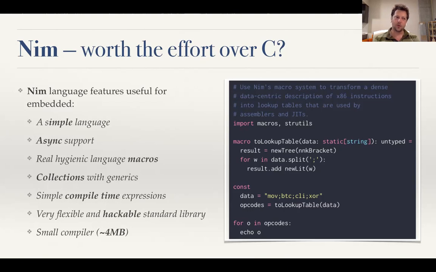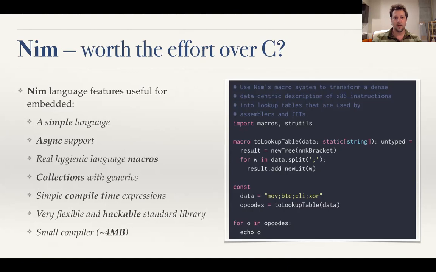You can swap to a memory mapped region or an area that is just hard coded, or you can use system malloc, or you can write your own in a few dozen lines of Nim, and generally it just works. It's also convenient that the compiler is really small. It's only about 4 MB on my system, compared to a full LLVM-based compiler, which can be 100 to 1000 MB.